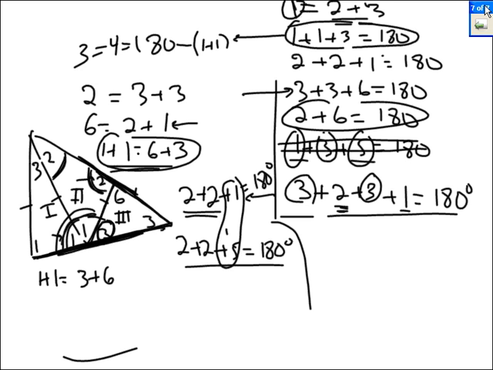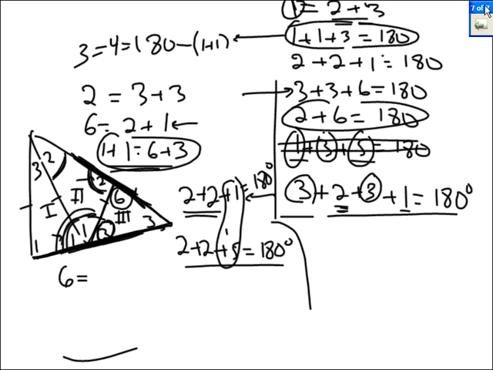Okay, so now I can say that angle 2 and angle 6 are the same, because angle 6 is exterior to triangle number 1.